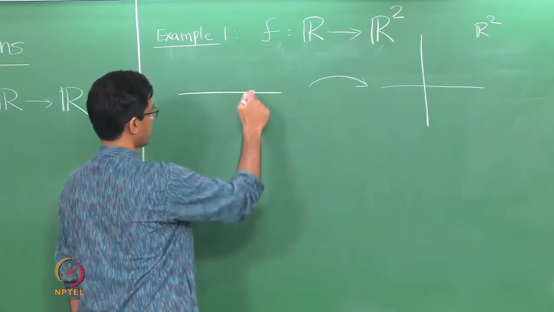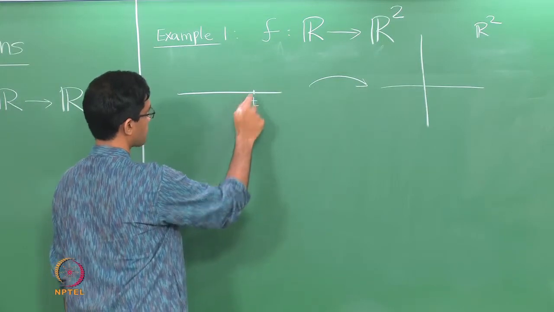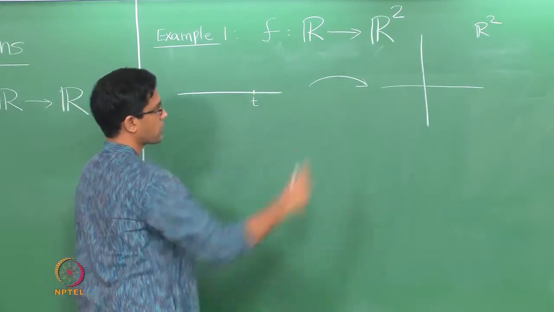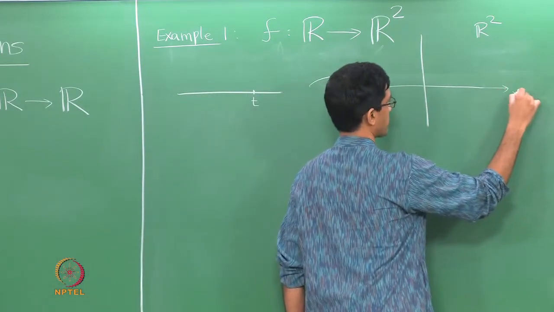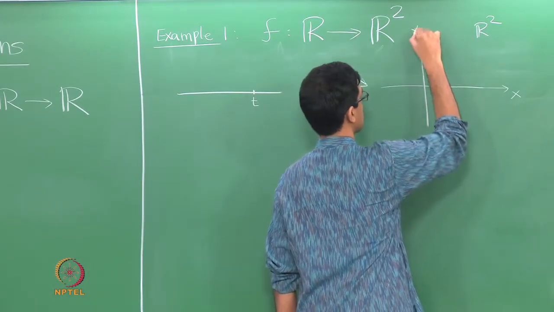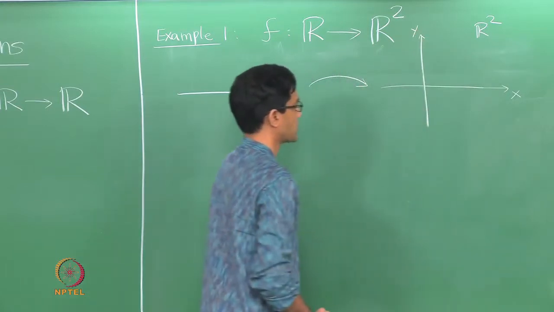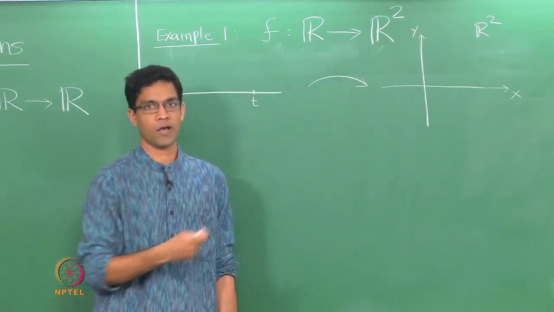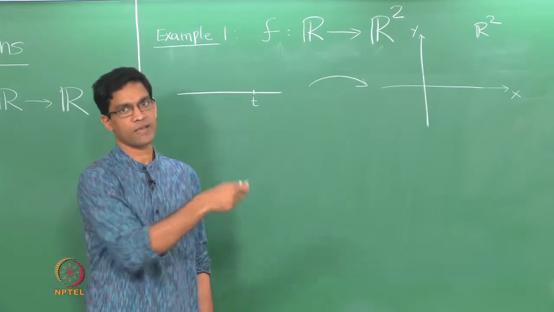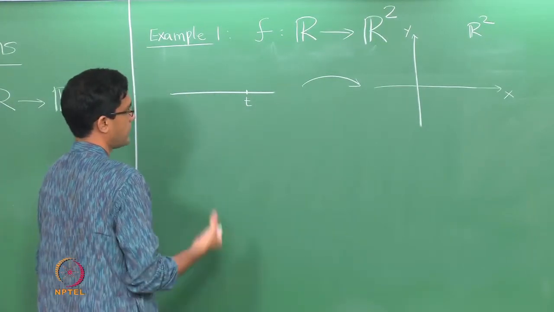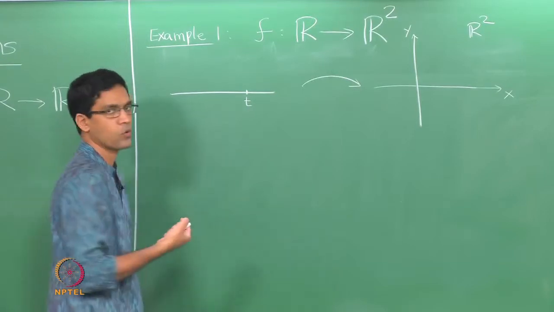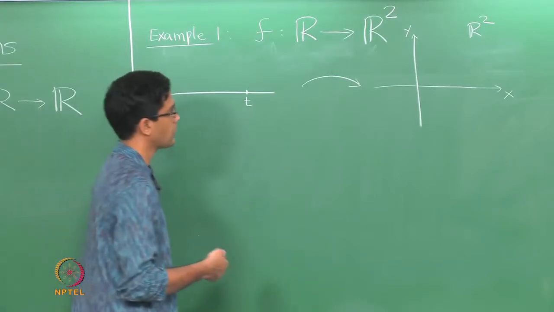For each value of time the function gives you a certain position on the plane. This is the x axis and the y axis, and you should think of this function as describing the motion of a particle on the plane as time varies from, say, -infinity to infinity, or maybe only on some interval, say time going from 0 to 1.